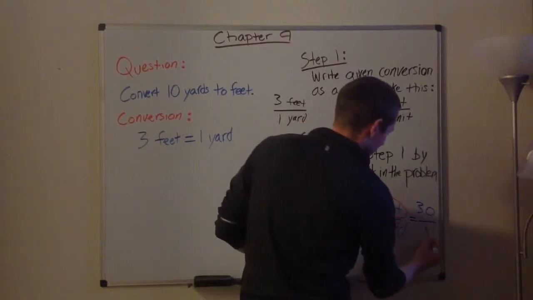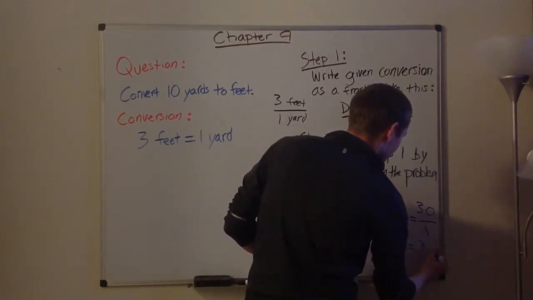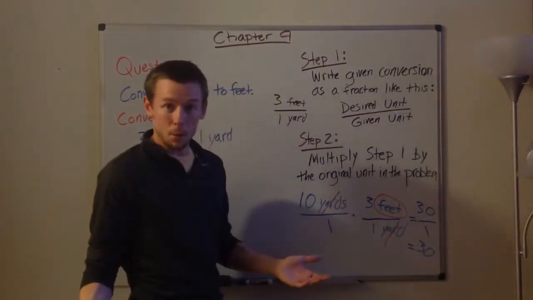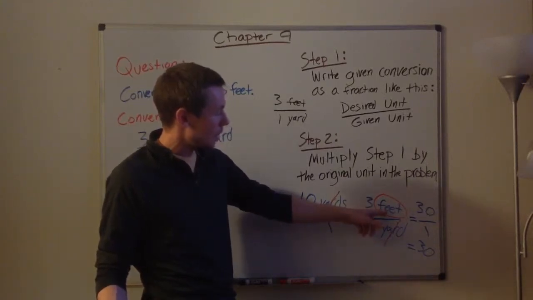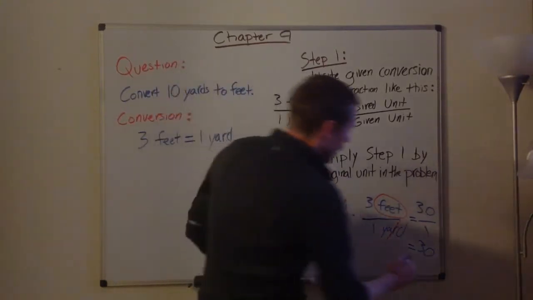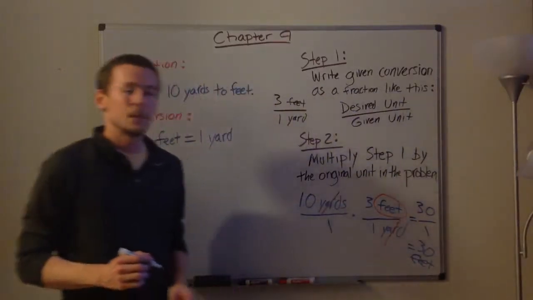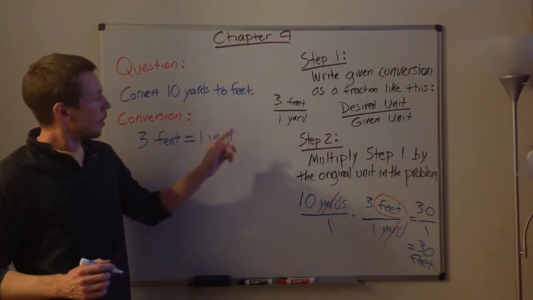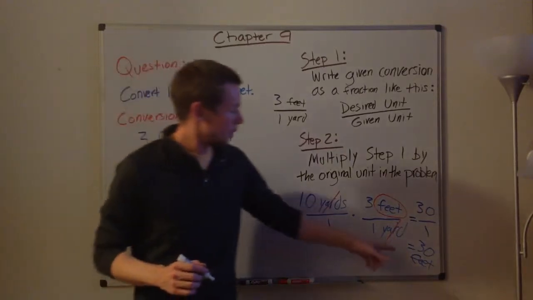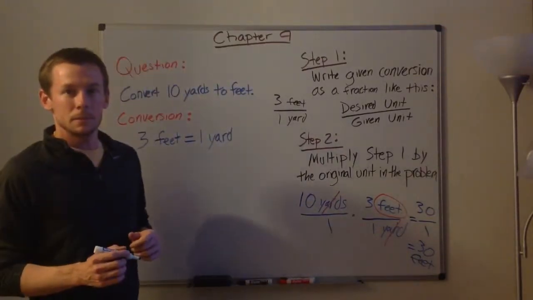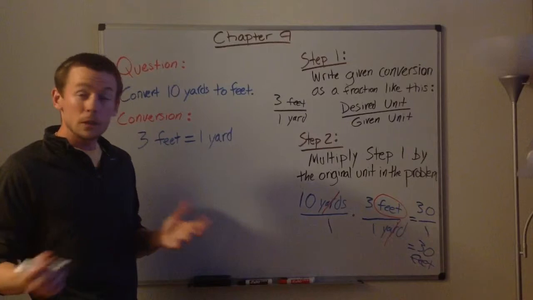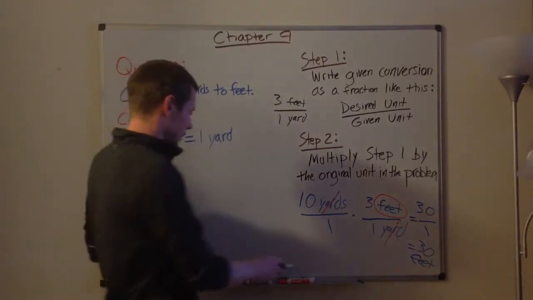Of course, 30 divided by 1 is 30, and we've gotten to our desired unit of feet. So converting 10 yards to feet is 30 feet. Okay? So let's look at a couple more examples.